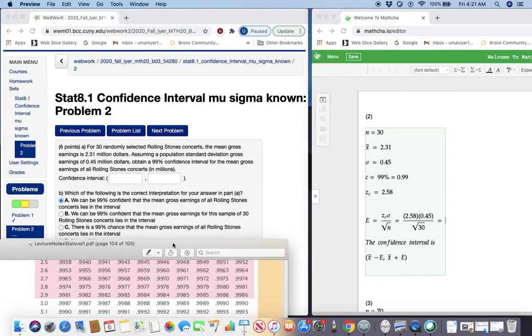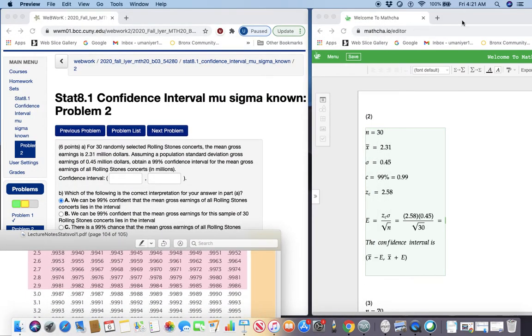I may not have to use a calculator. I prefer using the WebWork calculator because this will approximate as much as it needs to. Whatever that value is, I'm going to subtract it from x bar.